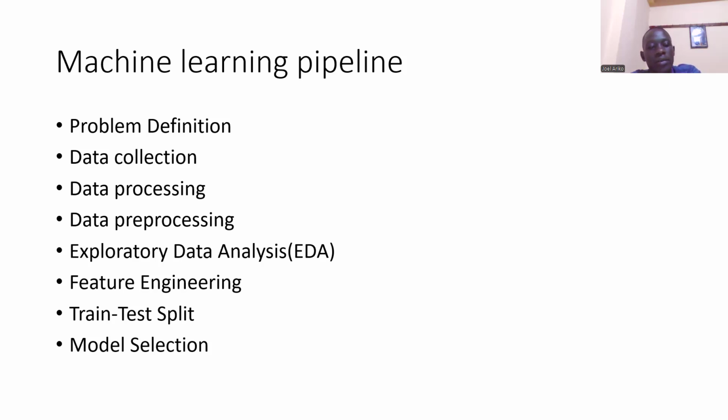Next we have exploratory data analysis. This is where you analyze the data to understand the patterns, the trends, and the relationships in the data. Then we do feature engineering. In feature engineering, you select and transform the variables to improve the model performance. For example, you can do feature normalization so that one feature does not dominate the other.